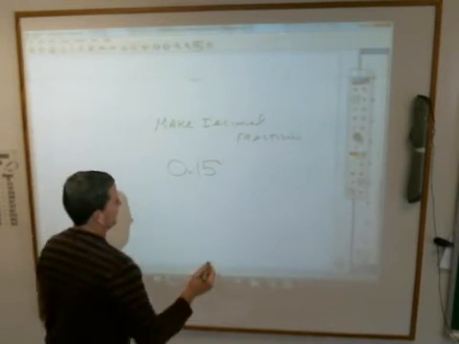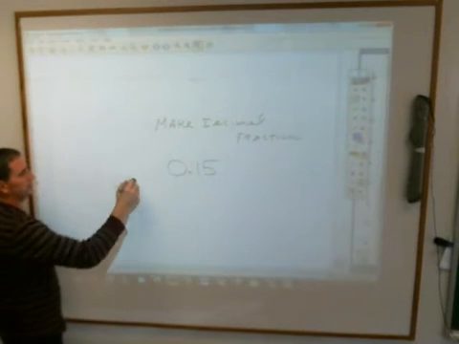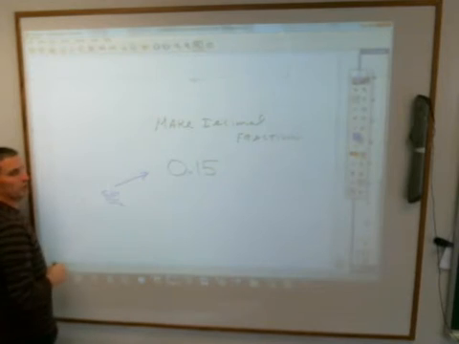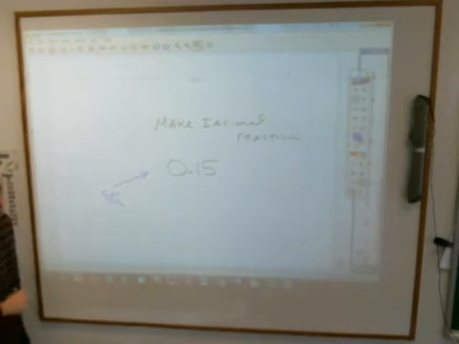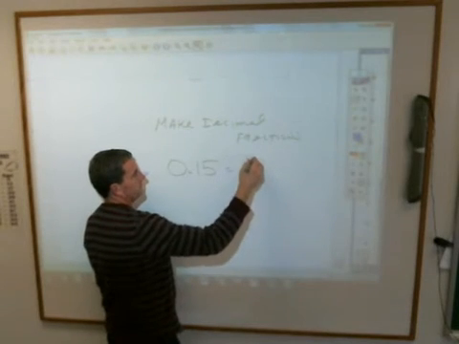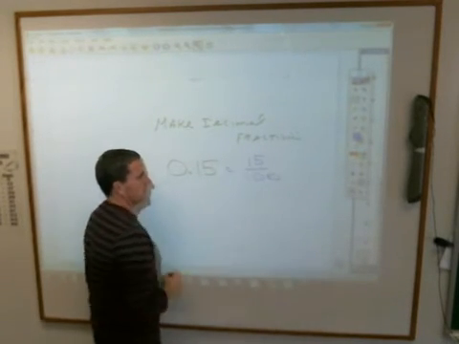Well, there's nothing easier, because all you have to do is say this decimal. If you just say that decimal, it's going to be pretty clear what that fraction is. Grant? It's 15 hundredths, so it's 15 over 100.